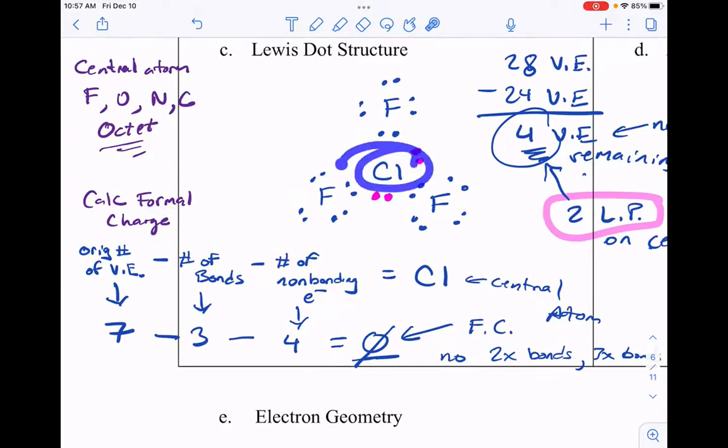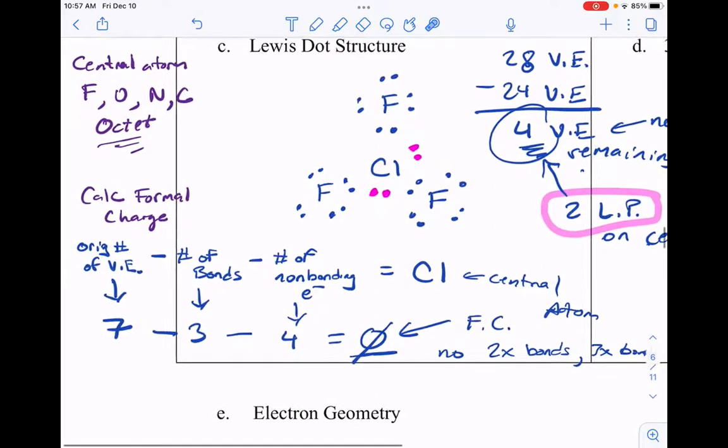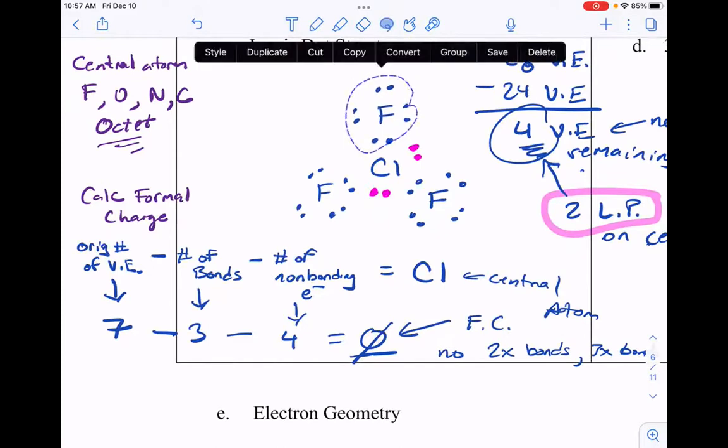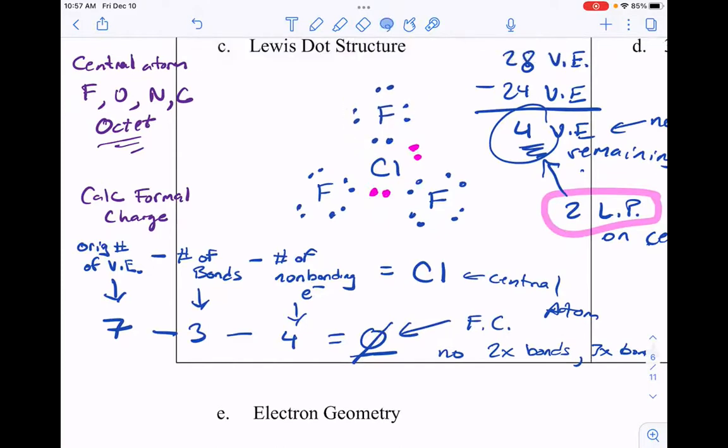If your central atom is in FONC and you don't have the octet, then you create double bonds or triple bonds to get the octet. I'm not too sure if you will remember that, but with more practice, hopefully you will.